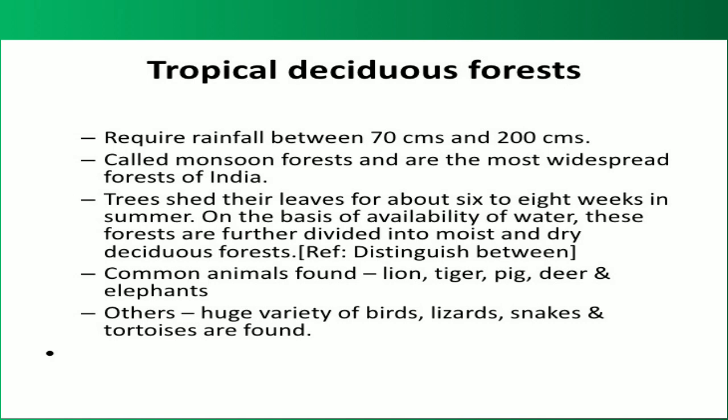These forests require rainfall between 70 centimeters and 200 centimeters. Also called monsoon forests, they are the most widespread forests in India. In the tropical deciduous forest, trees shed their leaves for about 6 to 8 weeks in summer.